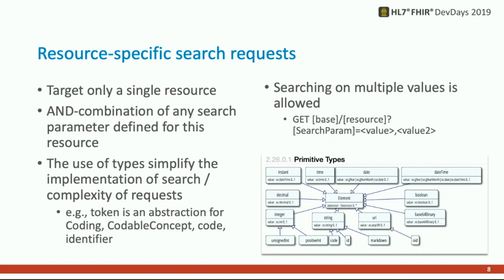So every FHIR server needs to implement that, and there are different libraries that can support you in normalizing the quantities. But for example, there's also a web service where you can say, okay, I want to transform between pounds and kilogram or whatever units that you have.